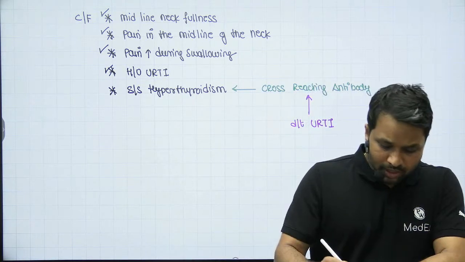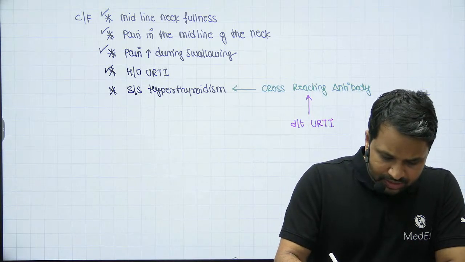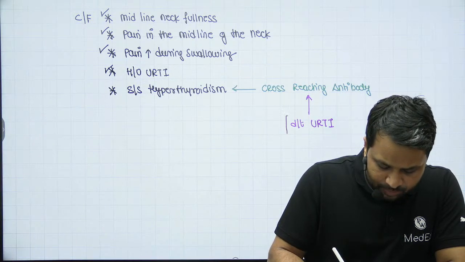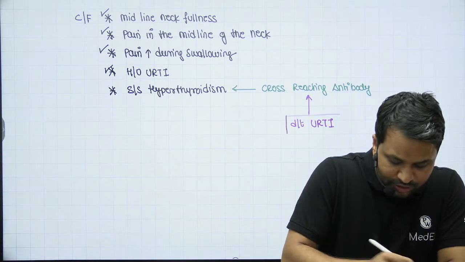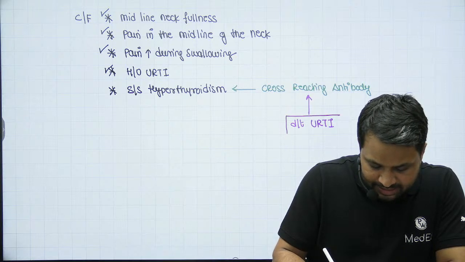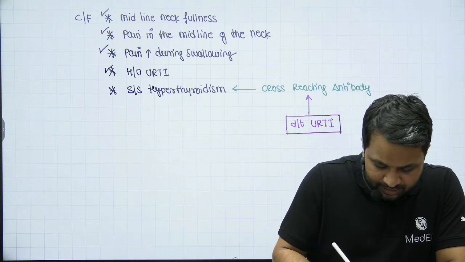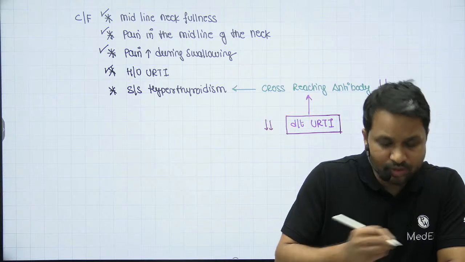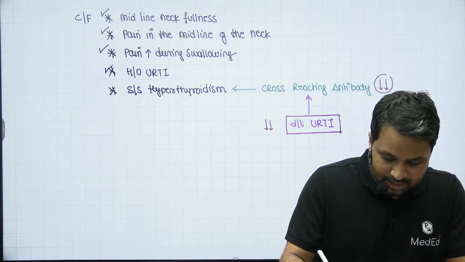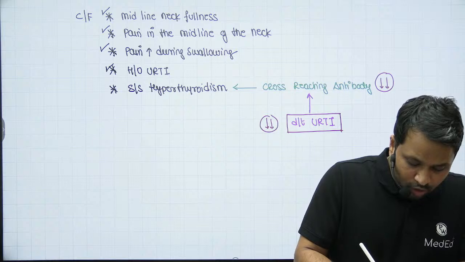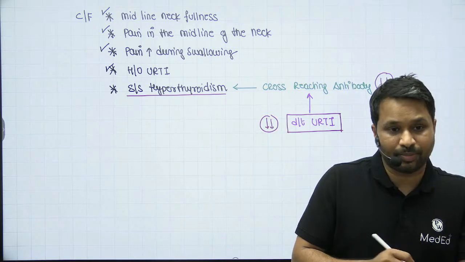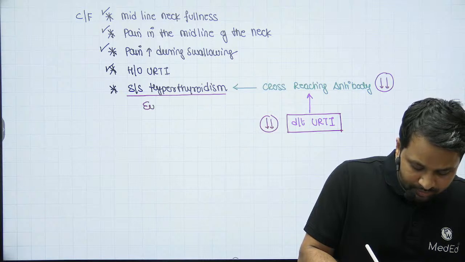Now, if you understand the whole analogy, I can give you a simple way to decode this. Let's say the upper respiratory tract infection subsides. Obviously the cross-reacting antibody synthesis will also decrease. If these antibodies decrease, obviously the follicular irritation will decrease. So what is going to happen? This will eventually become euthyroid.